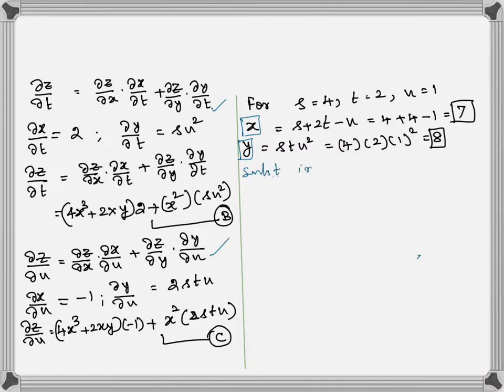Now substituting all these into A, we get partial derivative of z with respect to s as 1484 times 1 plus 49 times 2, which will be 1582.